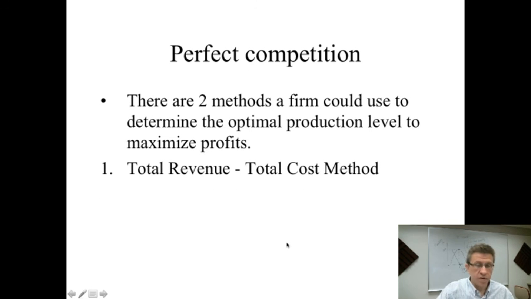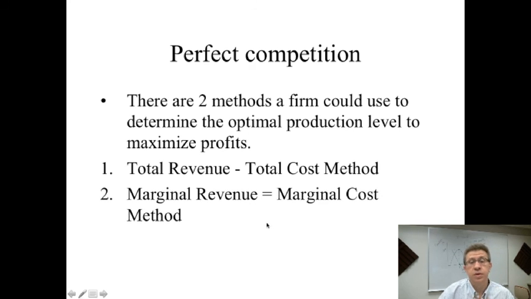We are going to look at 2 different methods the firm could use to determine the optimal production level, right? The right level of output. First is the total revenue minus total cost method. The second is the marginal revenue equals marginal cost method. So either of these methods could be used. The second one's certainly much more elegant or refined of a method.